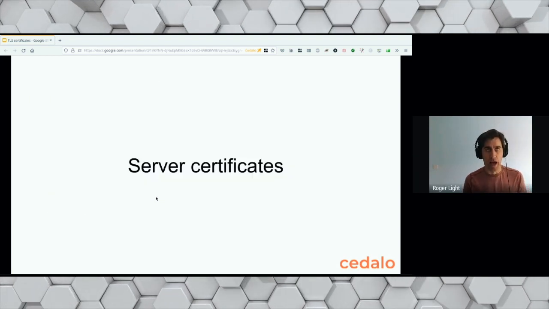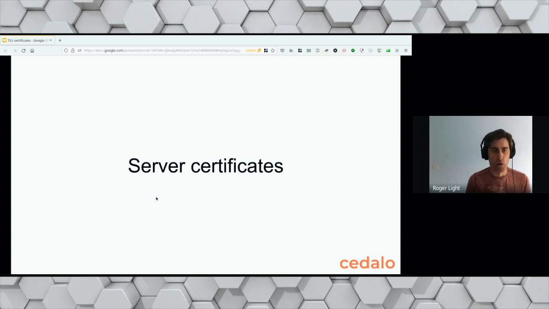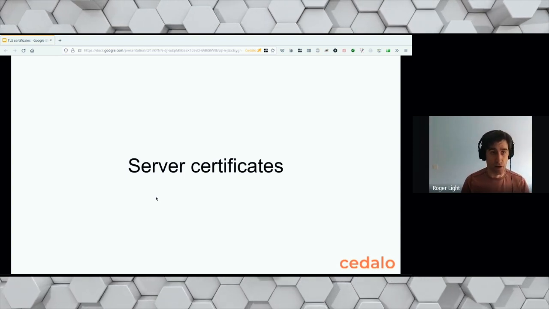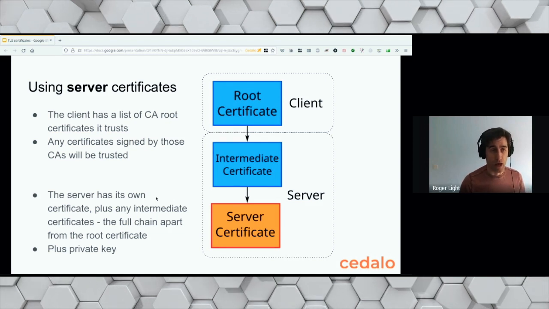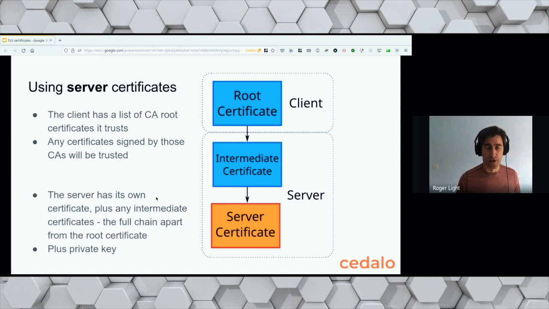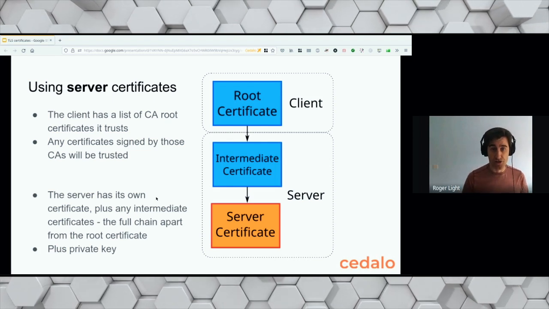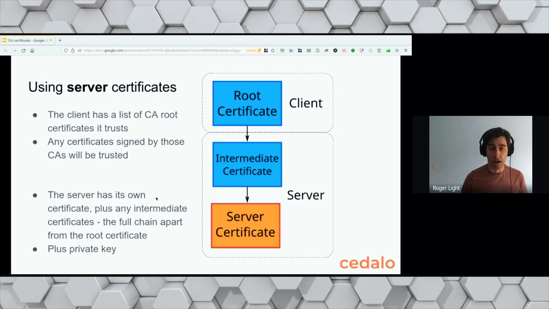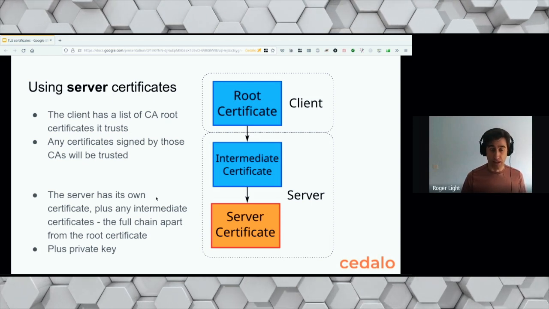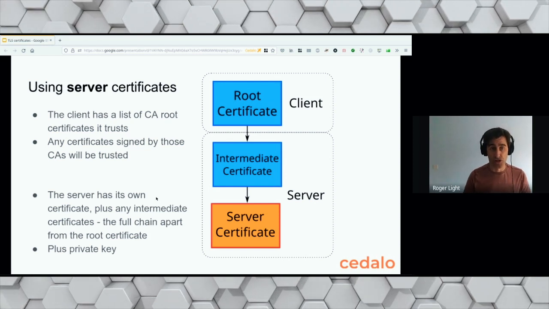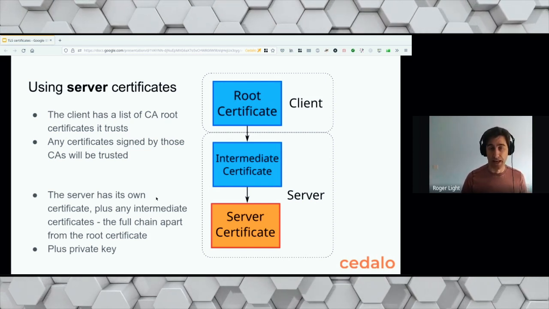So when we want to use these, we've really talked about server certificates so far. So how do we actually go on and use them? As I mentioned, we want to get this chain of trust from the root certificate, which the client holds, as essentially saying anything that's signed by this certificate I will trust and will be allowed to connect to.